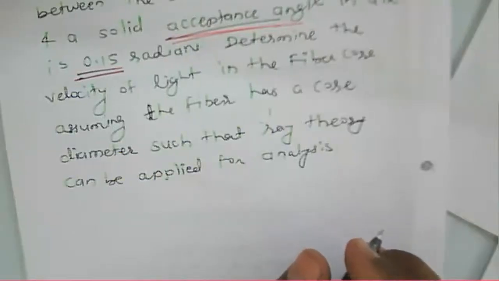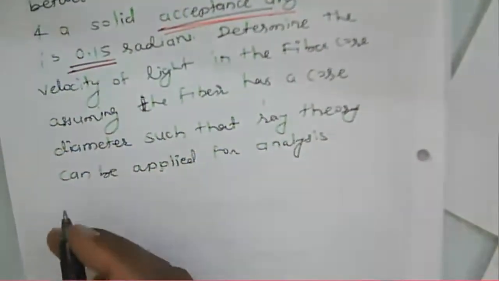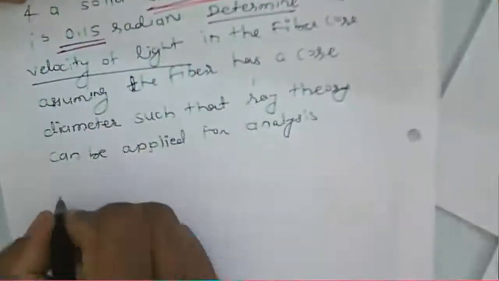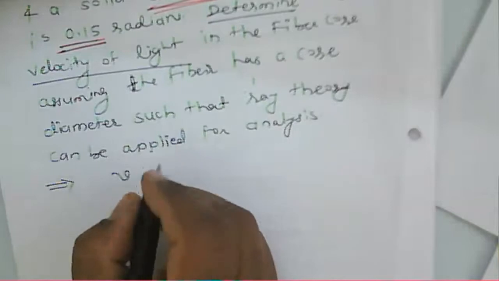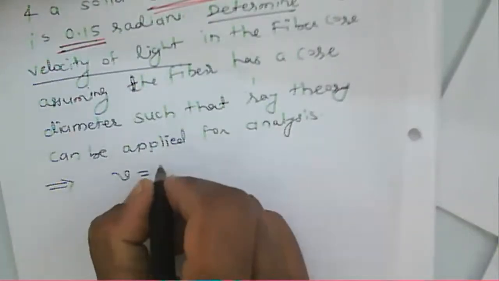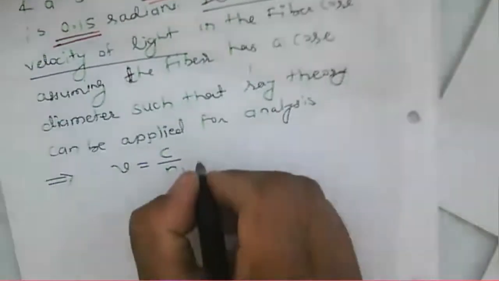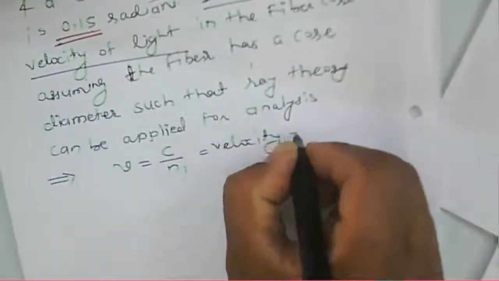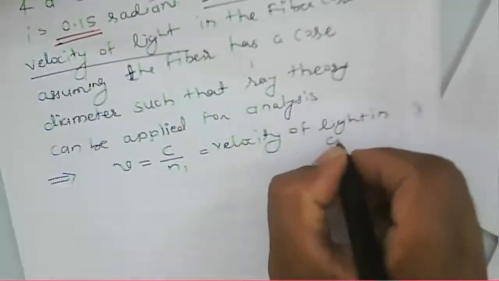But now consider that we have that equation given, and our aim is to determine the velocity of light in the fiber core. Means we need to find out the velocity of light in a fiber core. That is equal to what? C by n1. Okay, this one is nothing but the velocity of light in the core, or in a fiber core.